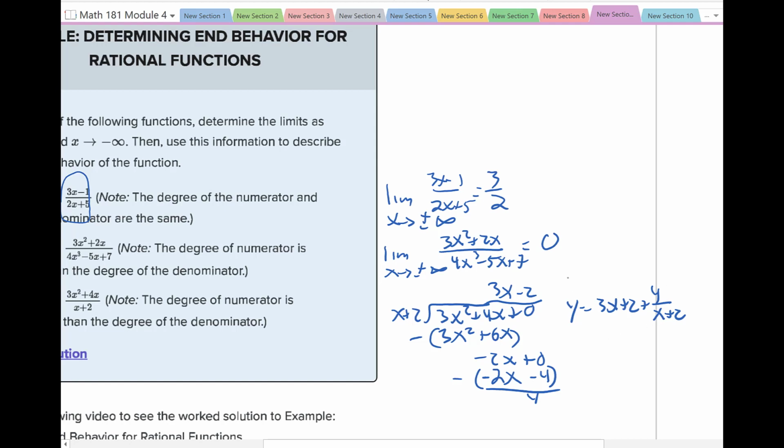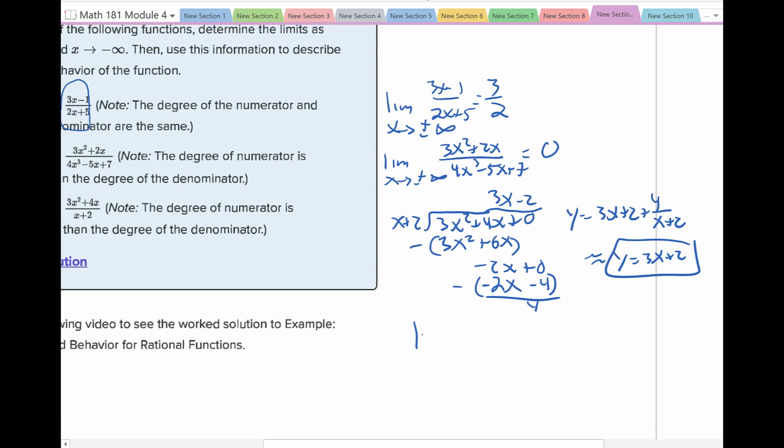So it's a slant asymptote of y equals 3x plus 2. That's it. The limit as x goes to infinity of 3x plus 2 is going to be infinity, and the limit as x goes to negative infinity of 3x plus 2 equals negative infinity.